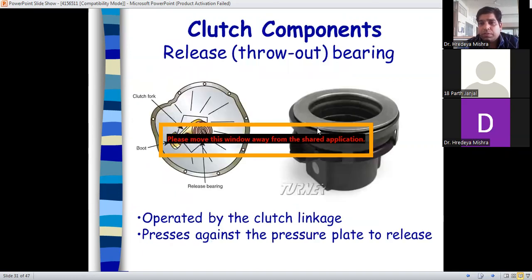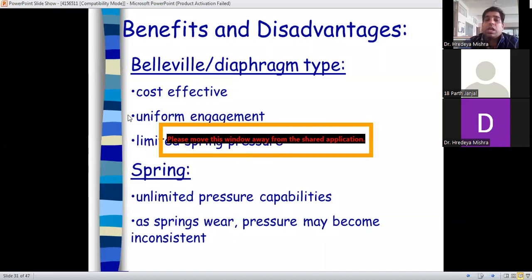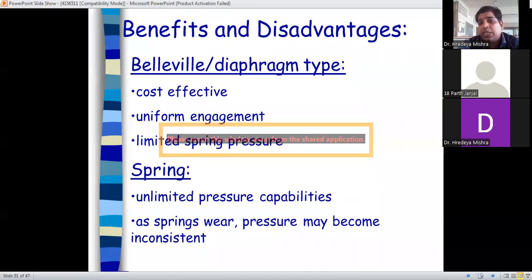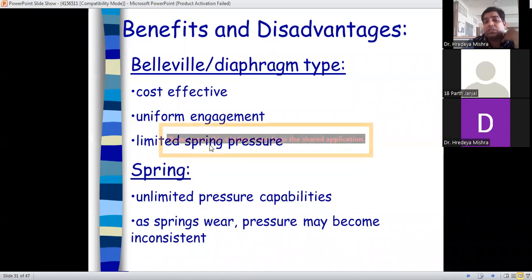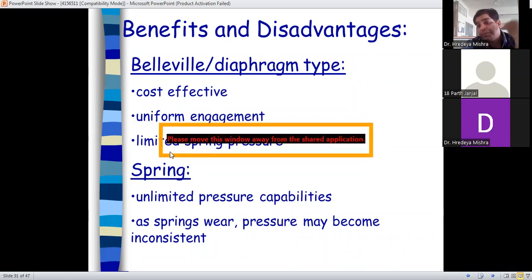That's why this is always uniformly engaged and disengaged. Limited spring pressure. Okay, so the pressure should be limited. Some limited pressure is applied. So this is the disadvantage. Okay, 1 and 2 are the advantages, and the third one is the disadvantage of the diaphragm type.